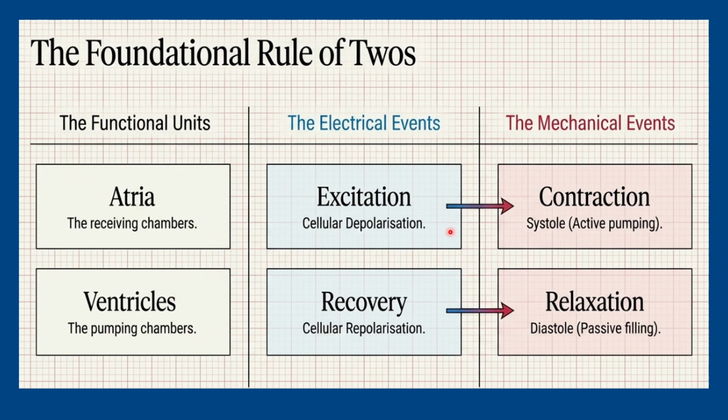And we also have two mechanical events, which are contraction and relaxation. Contraction is known as systole, which is active pumping of the blood, and relaxation is diastole, which is passive filling.